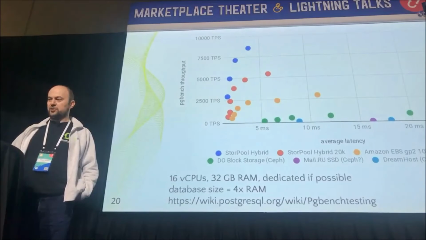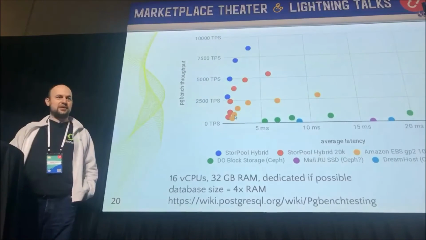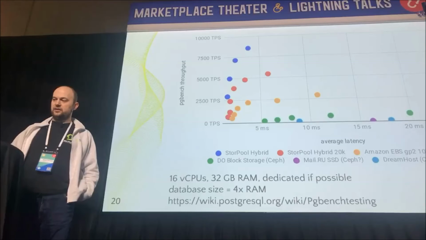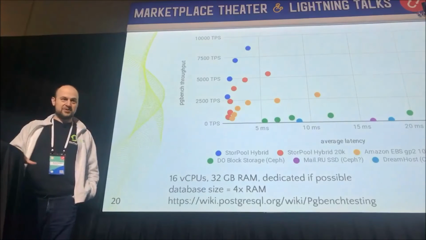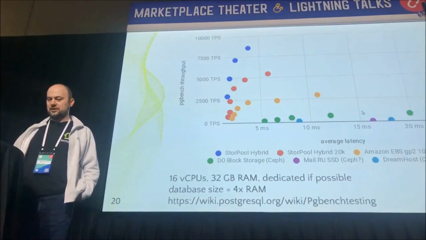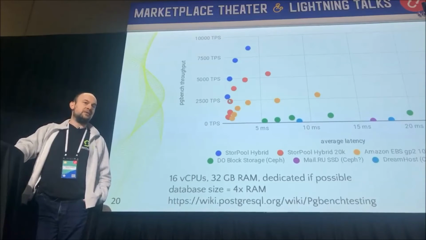But if you go to AWS, the same 500 transactions per second, you would get 1.5 milliseconds average latency per transaction. Right? And also, just in case you have an application that needs 2,000 transactions per second, you cannot run that on DigitalOcean, but you can run that on AWS or a faster storage service, right?